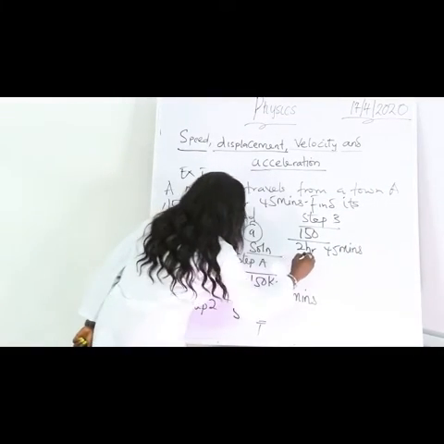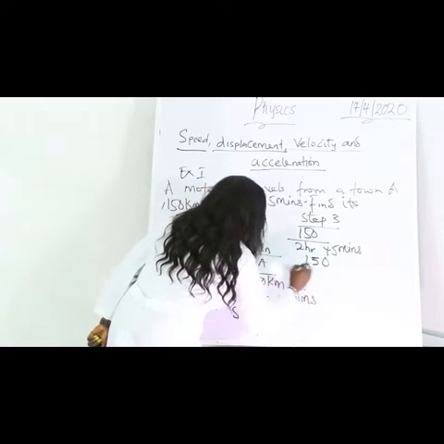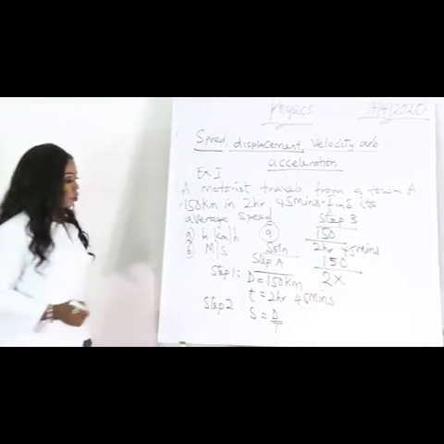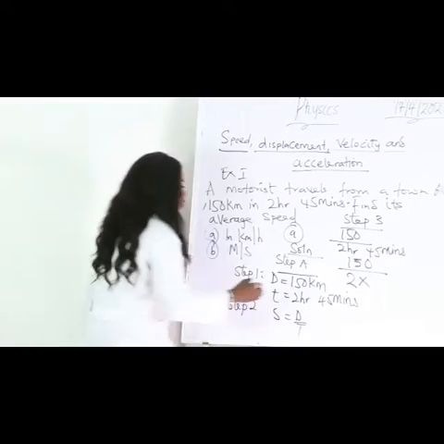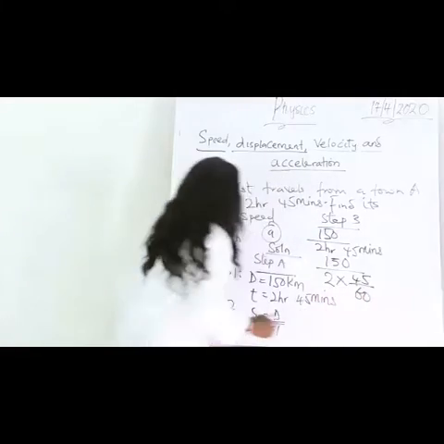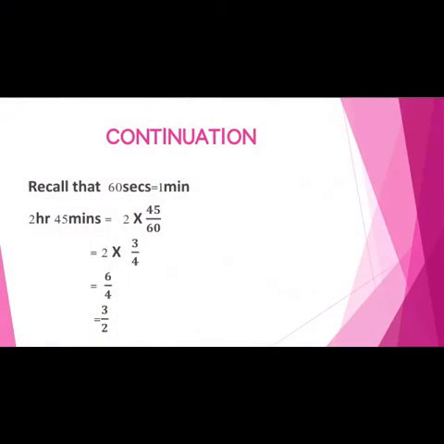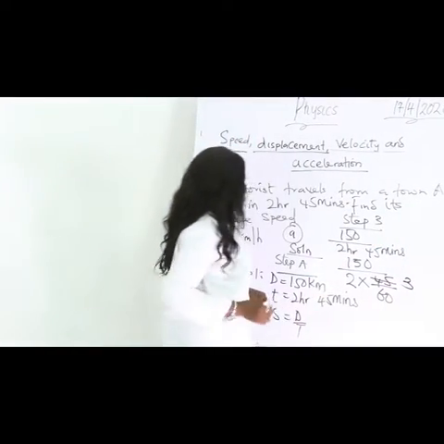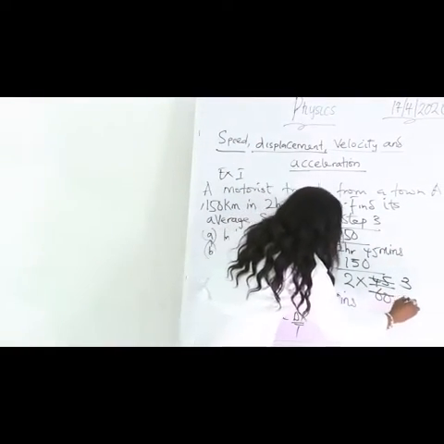So we'll be having 150 over 2 multiplied by 45 over 60. So we'll be having 15 here, we go 3 times. And 15 here, we go 4.